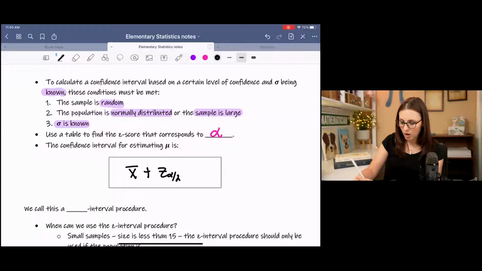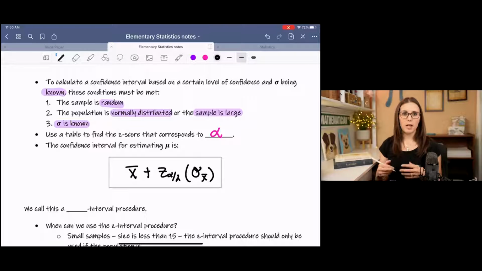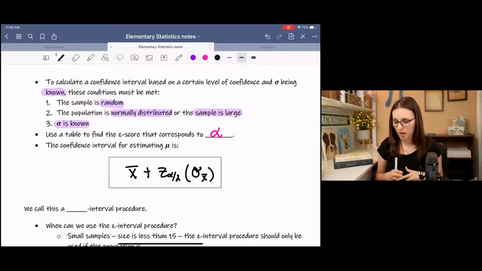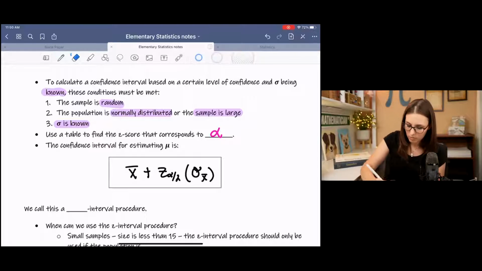And then we also have the standard deviation of the sample mean. This is a sampling distribution, and it ties into the central limit theorem. Oops, I made a mistake.